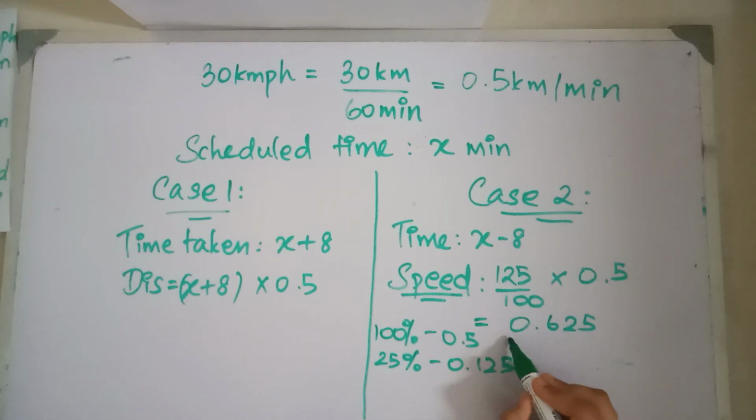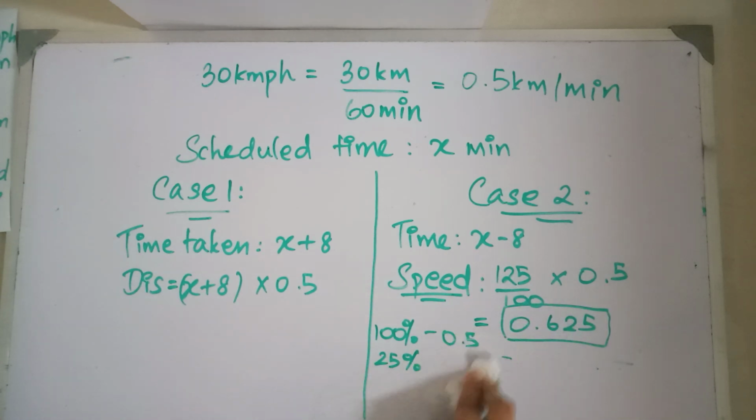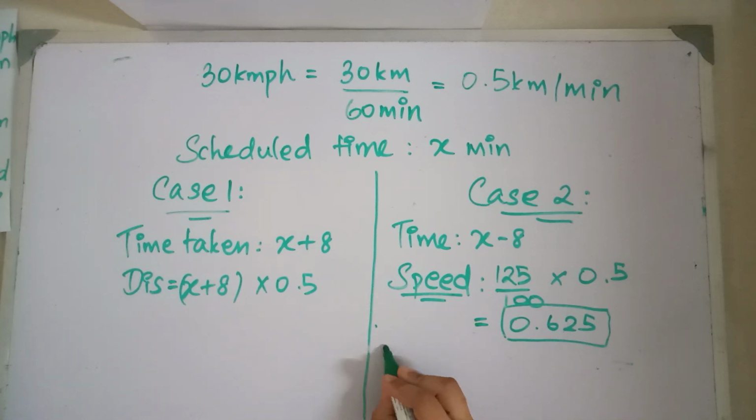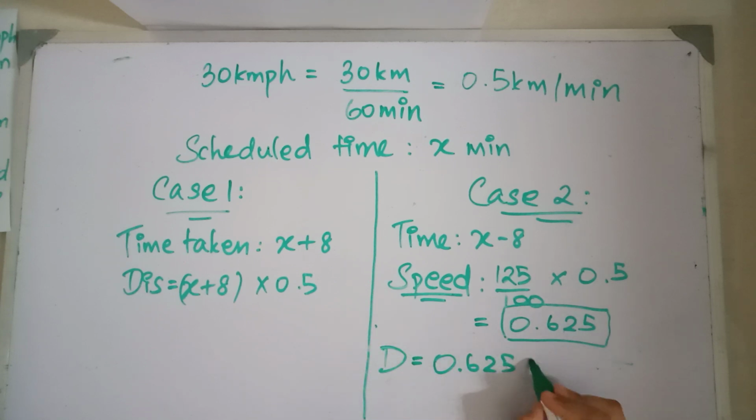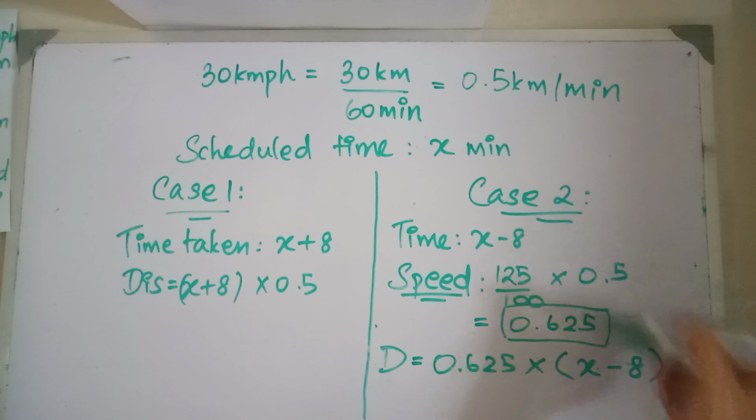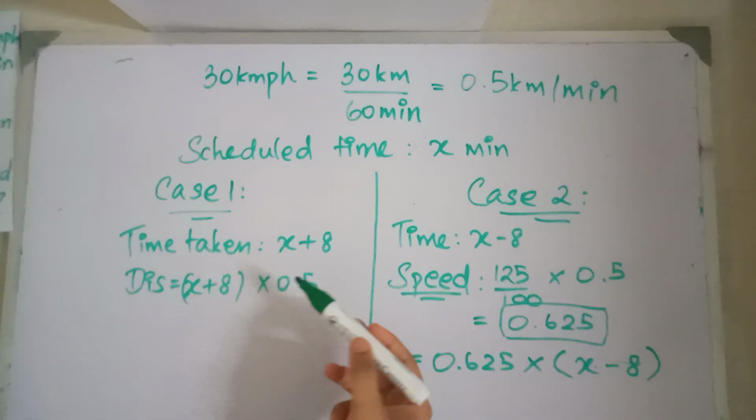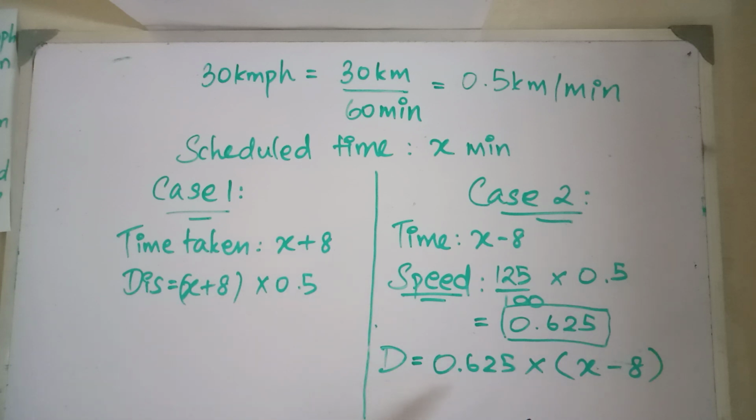Then 125% will be 0.625. So now we have the speed and the time. So we can find out the distance easily. Distance will be given as 0.625 into the time taken, which is x minus 8. So this is the time taken.